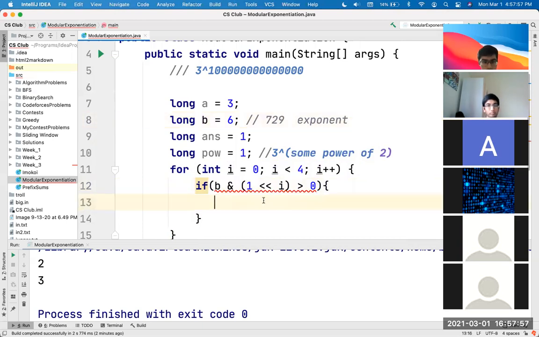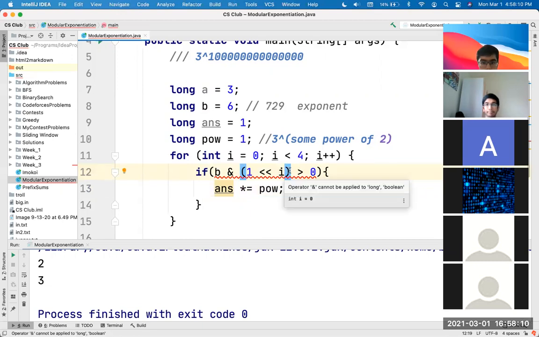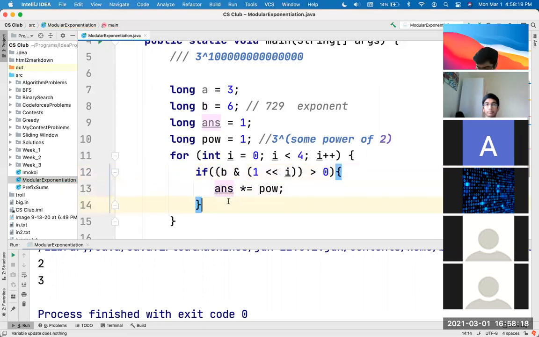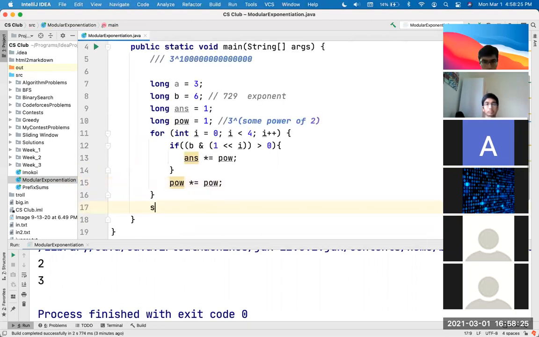Then we're going to multiply our answer by pow. Why is this giving me an error? You've got to wrap it in parentheses. And then in each phase we're going to multiply pow by itself. And let's just test if this works, and I'll explain it once more.